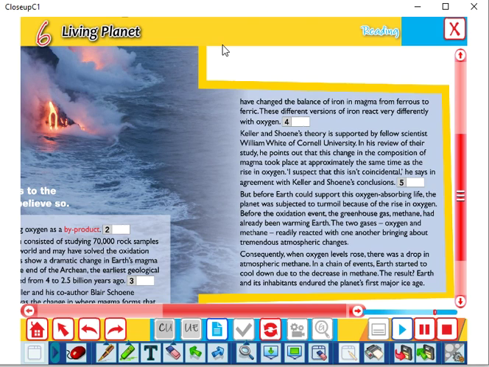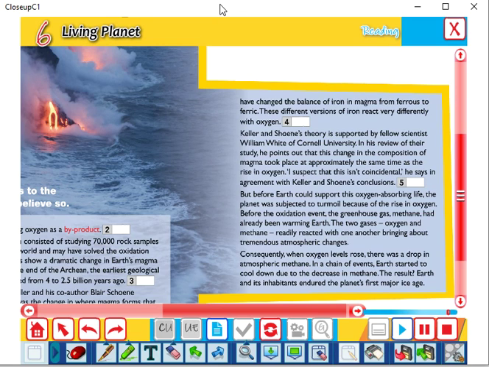But before Earth could support this oxygen-absorbing life, the planet was subjected to turmoil because of the rise in oxygen. Before the oxidation event, the greenhouse gas, methane, had already been warming Earth. The two gases, oxygen and methane, readily reacted with one another, bringing about tremendous atmospheric changes.